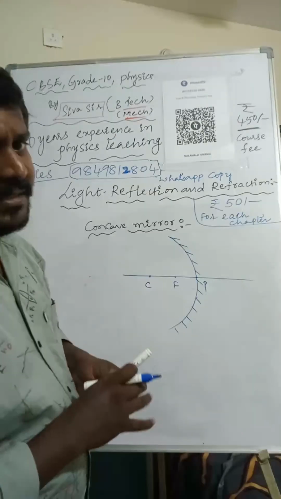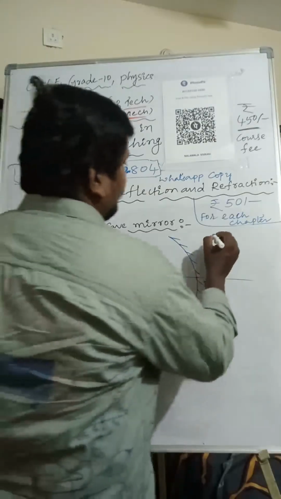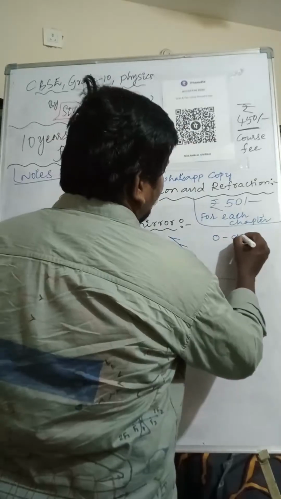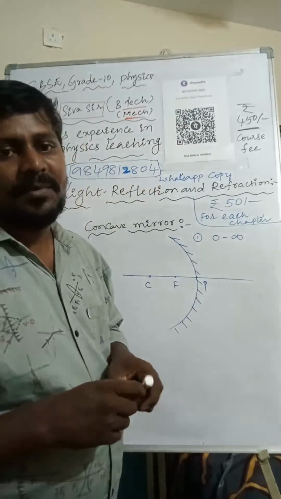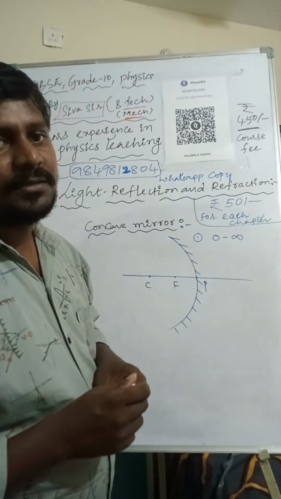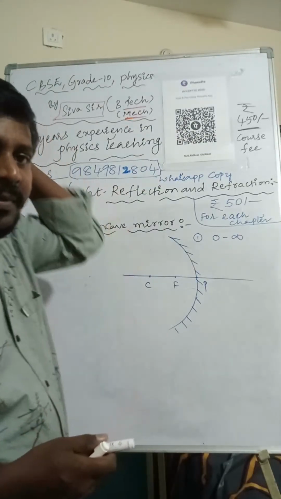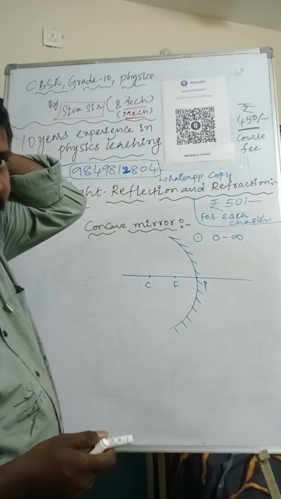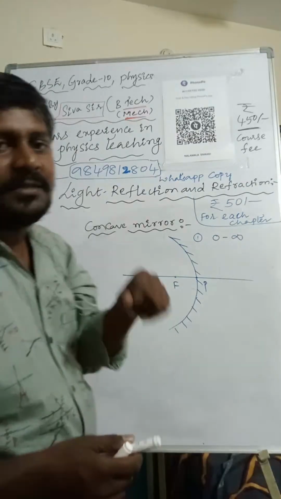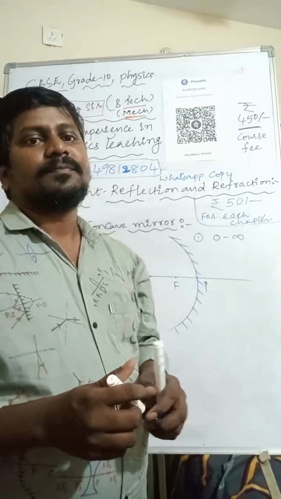If the object is placed at infinity, first point, light rays will be coming parallel. So I'm considering one light ray.